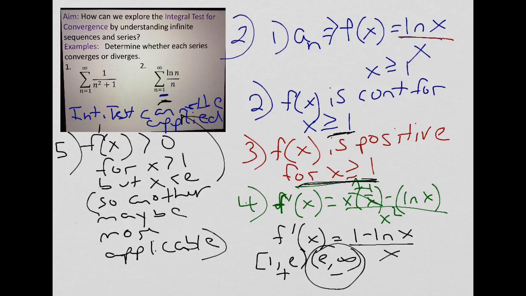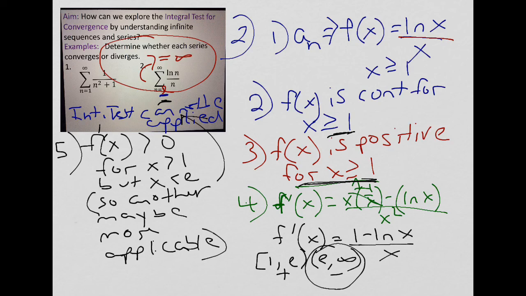Like I said, if you do this test for values of x greater than or equal to e, you're going to end up getting infinity as an answer. And if that's the case, then you would state that it diverges.